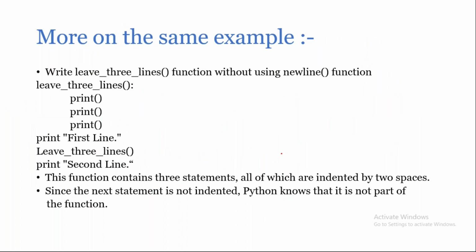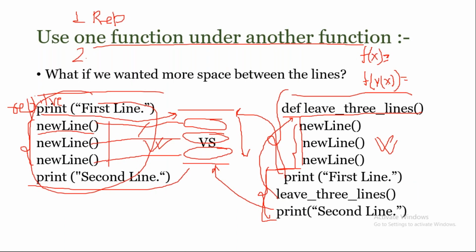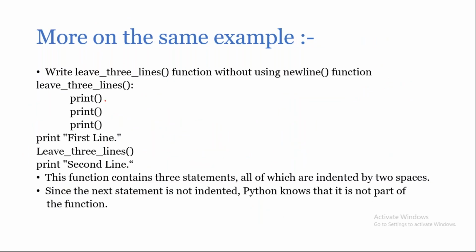Now what I'm doing is I'm doing the simple thing here. Instead of defining all these functions, you could have used the original statement of print void to leave 3 statements altogether, right? So I have defined my function leave 3 lines. I have print void 3 times, and yeah, that's it. Now I'm going to use this function.